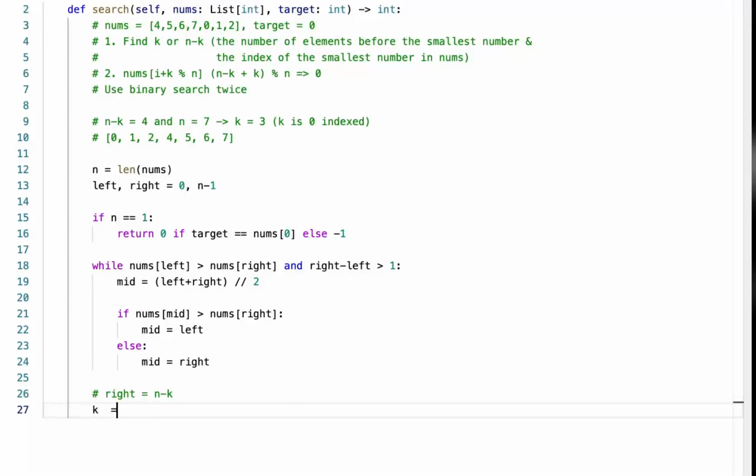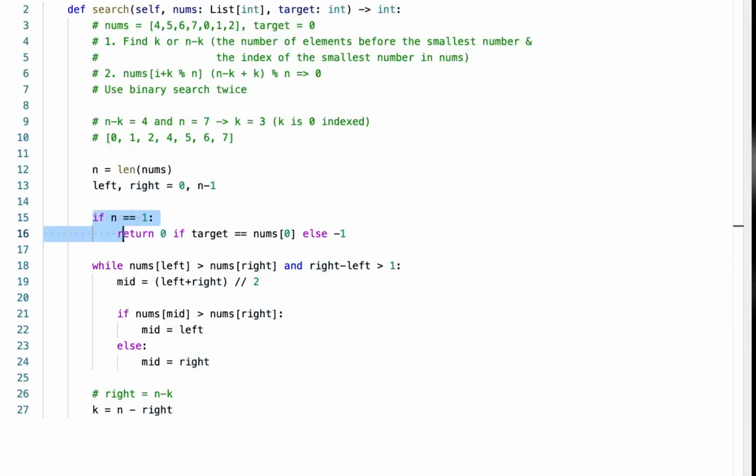So k is going to be n minus right. Exactly. And now that we do have this, let me just test if this works.